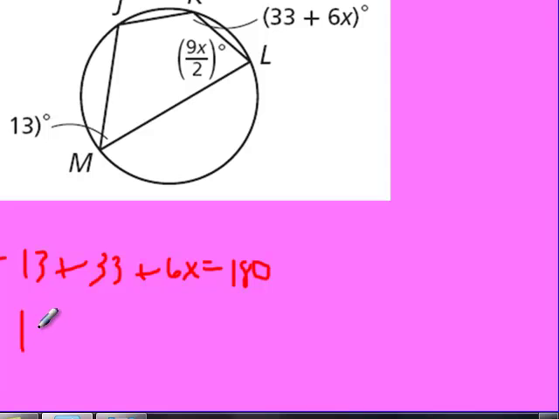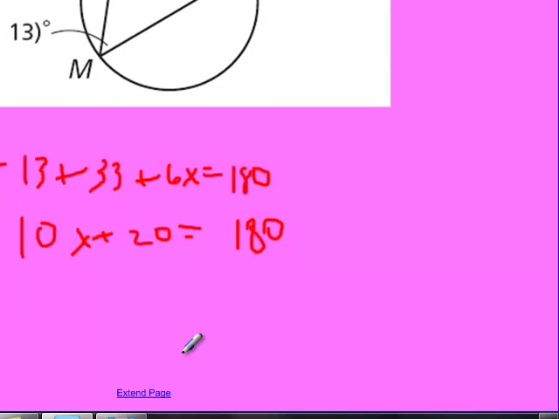Alright, so that leaves us with 10x plus 20, again, equal to 180. And I'm going to go ahead and take a shortcut here and just do some of this in our head. Subtract the 20 from both sides gives you 160, leaving us with 16 for x.